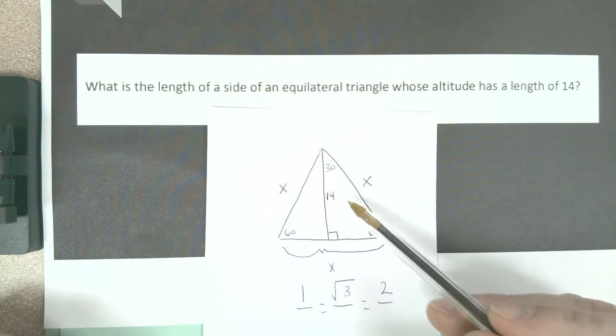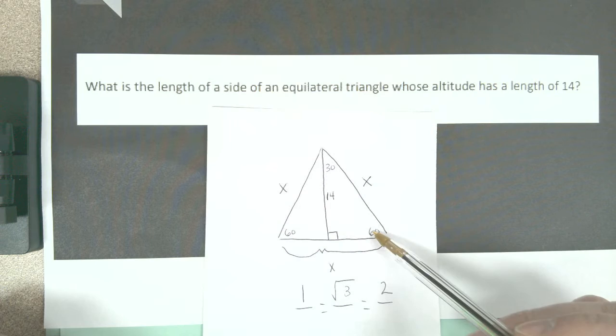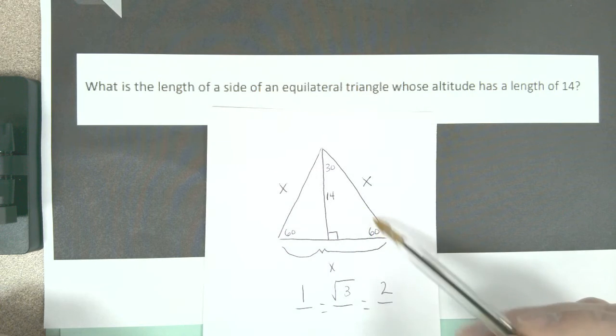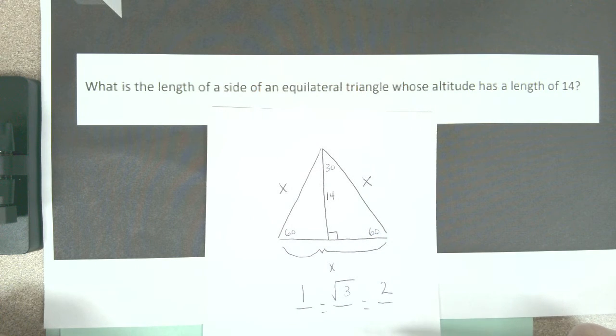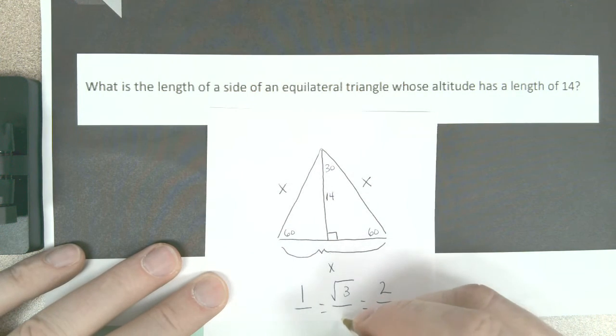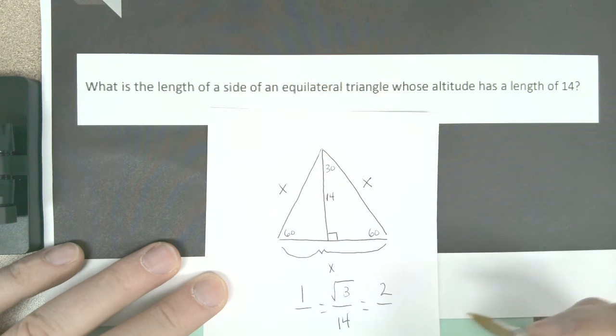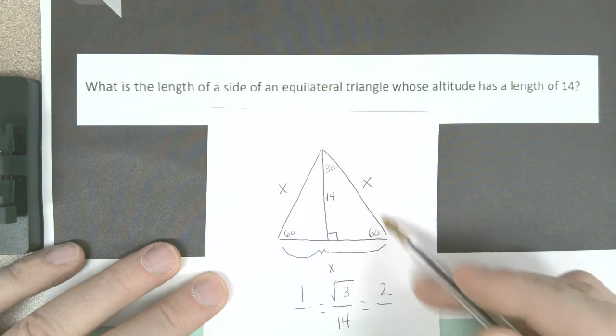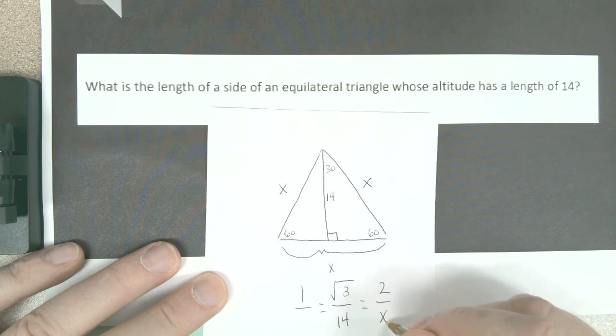Well, in this picture, the 14 is opposite the 60. So in my ratio, where's that going to go? Aiden? Under the root of 3. Yeah, so we're going to put 14 here. We know the hypotenuse is x, so that's got to go under the 2.